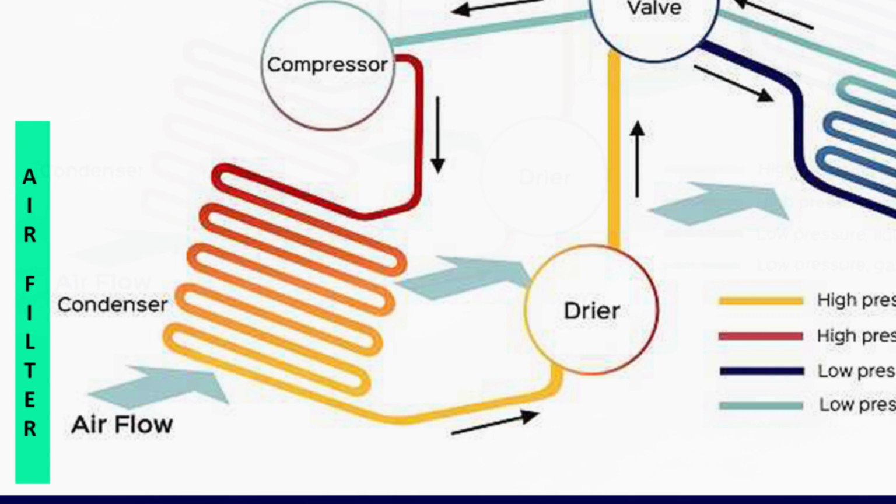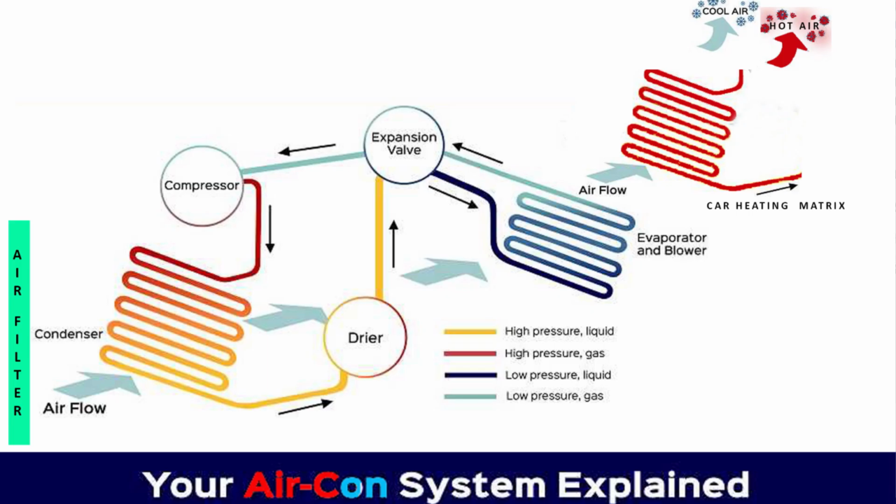But what those filters are really for is to protect that condenser coil. Some people call them coils, some people call them radiators, some people call them batteries. It doesn't really matter what you call it. But the condenser coil's job is to take all the moisture out of the air coming into the car and dry it. So once it's past that condenser coil, your air is dust free, pollen free and moisture free, and it's ready to be conditioned.